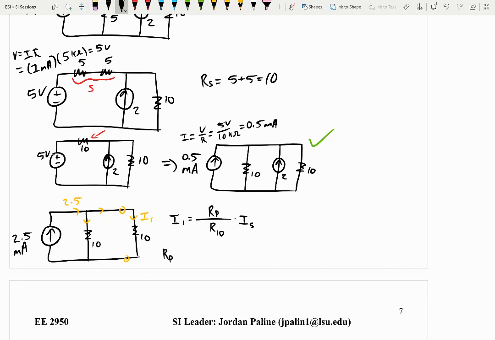So R parallel will be 10 times 10 over 10 plus 10, which will give us 5. 100 over 20 gives us 5 again. So this will be 5 over 10 times 2.5 milliamps. So I1 is 1.25 milliamps.